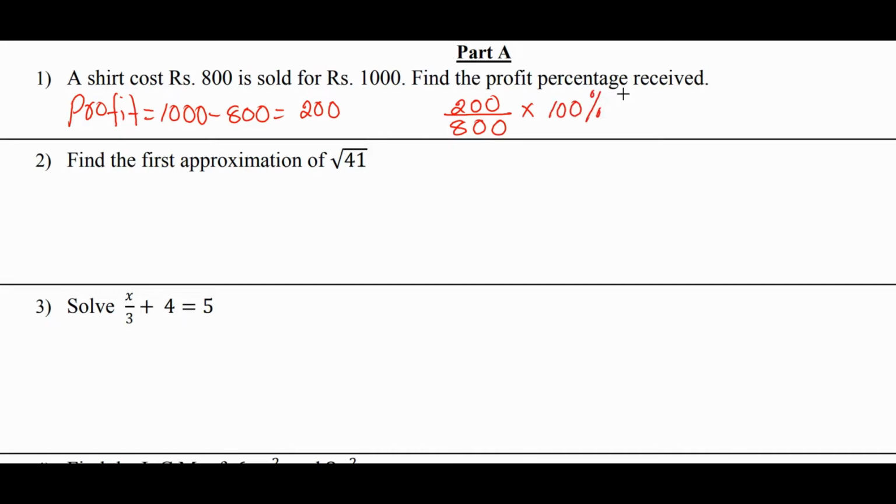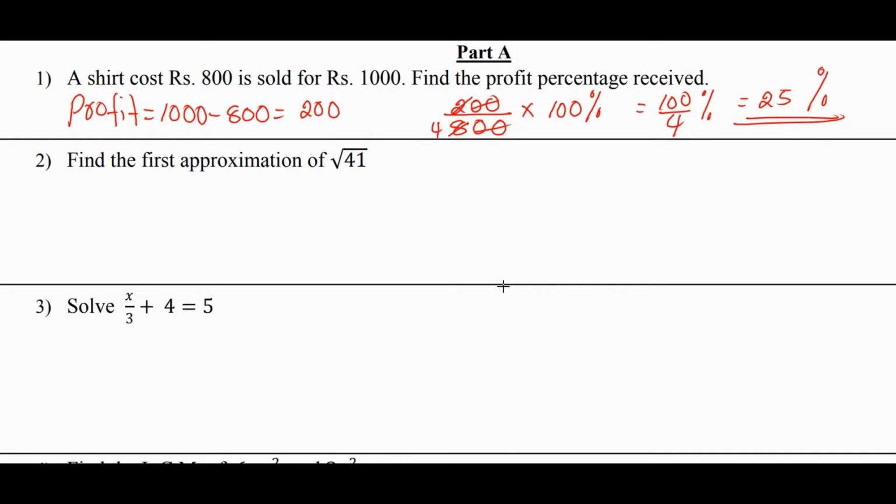Then you have to simplify this. You can cut down zeros and this would be 4, and you will get the answer 100 divided by 4%. 100 divided by 4, it's very easy, 25%. The first question is done.